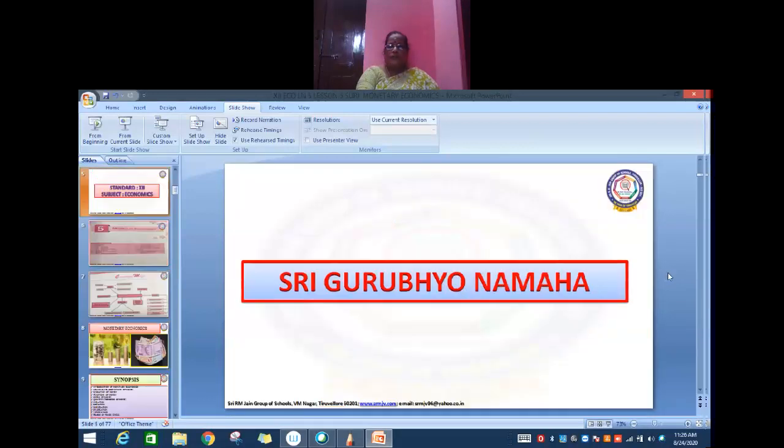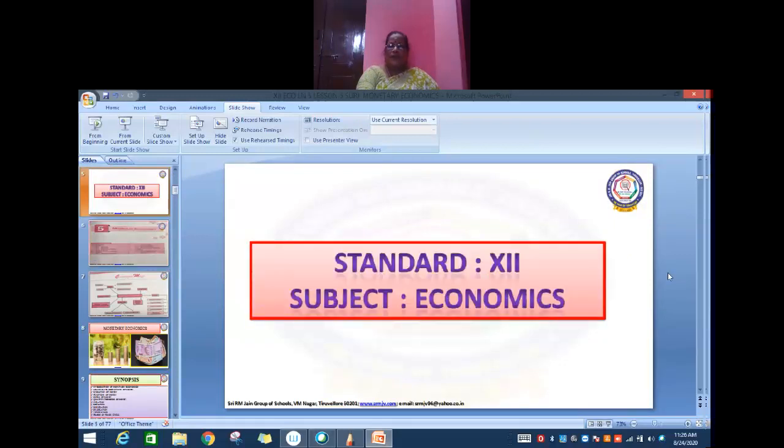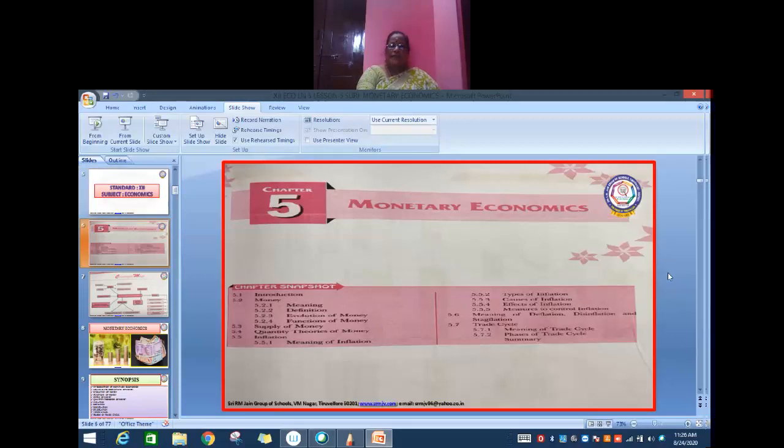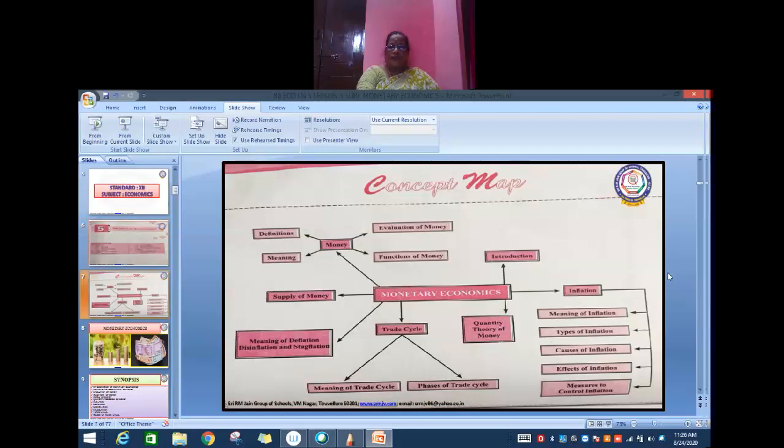Shri Gurubhyo Namaha. Standard 12. Subject: Economics. Lesson 5: Monetary Economics. This is the concept map. So far we have completed all in this lesson.